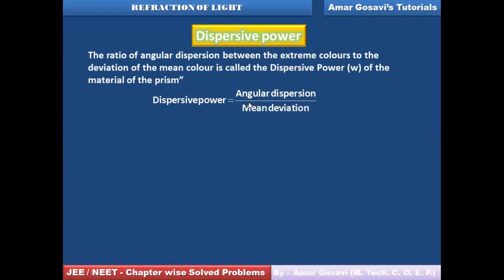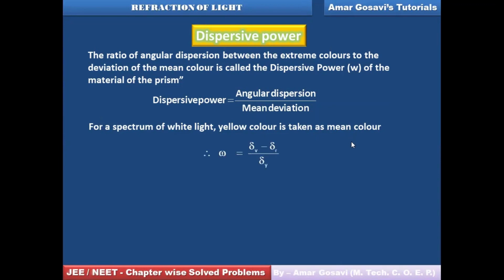For the mean deviation, we talk about yellow color. For a spectrum of white light, yellow color is taken as the mean or average color.